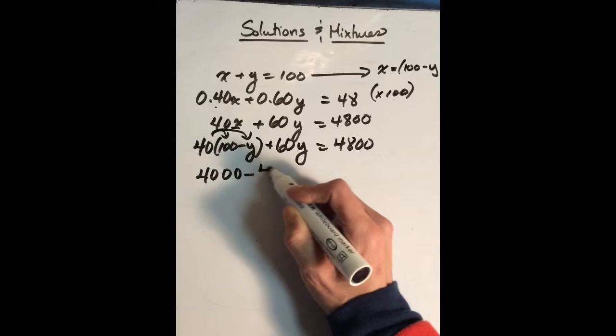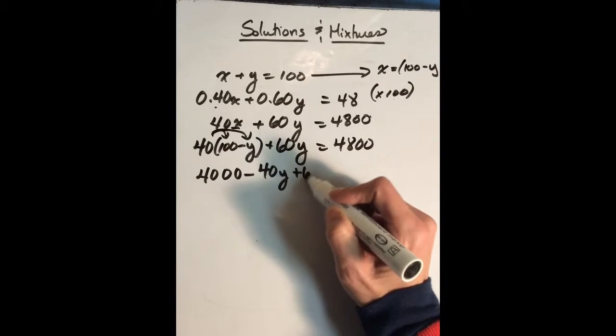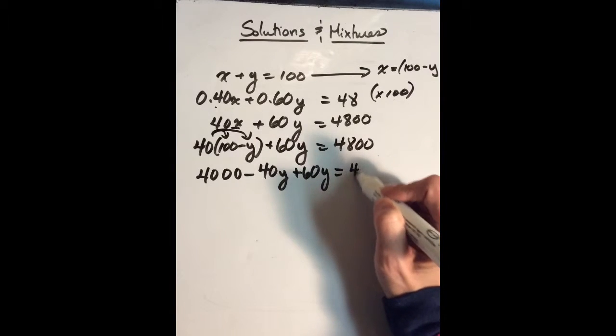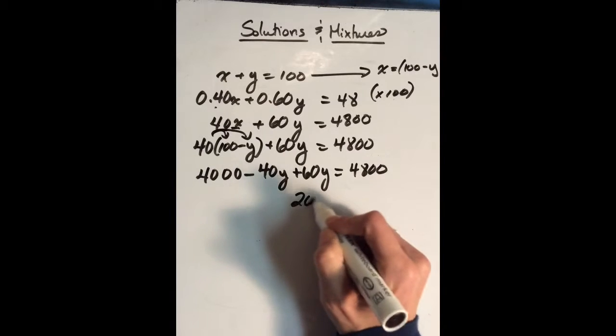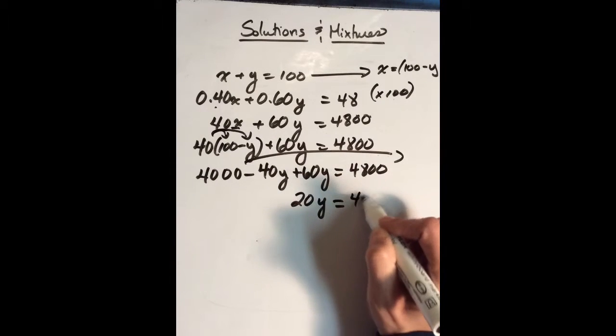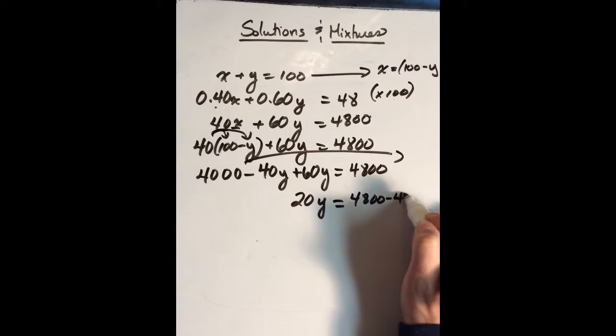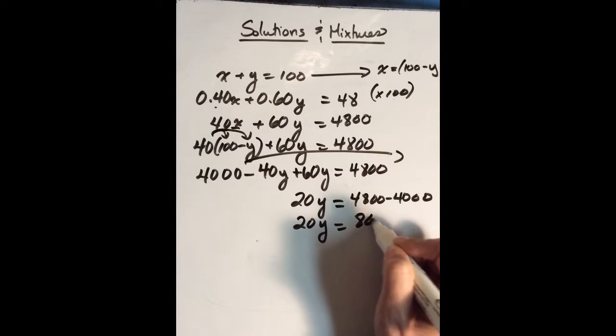And here we have 4,000 minus 40Y plus 60Y is equal to 4,800. I can simplify here and have 20Y, bring that over to the other side, 4,800 minus 4,000. And so 20Y is equal to 800.